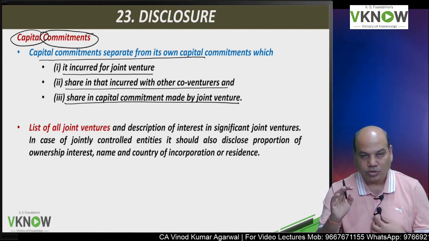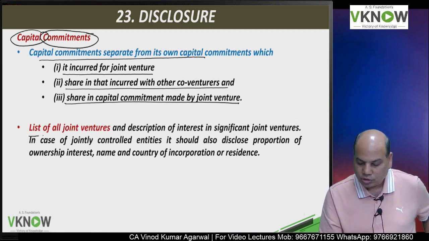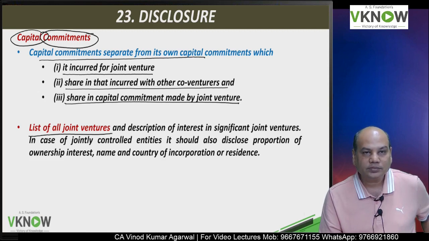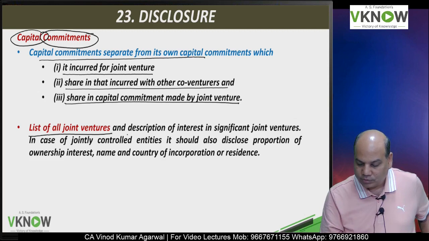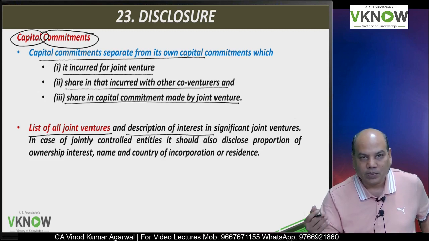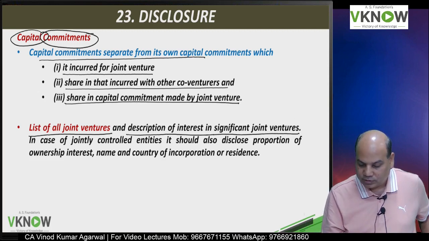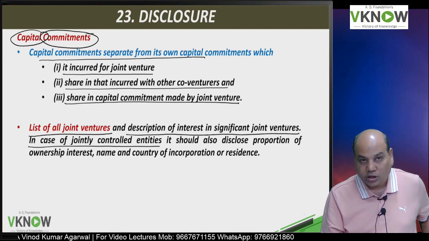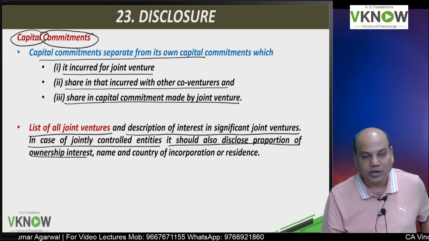And in addition to these two disclosures above, you will disclose list of all joint venture. All joint venture that you have, give a disclosure, description of interest, that is to describe about that joint venture, your stake in significant joint venture. In case of jointly controlled entity, it should disclose proportion of ownership interest.